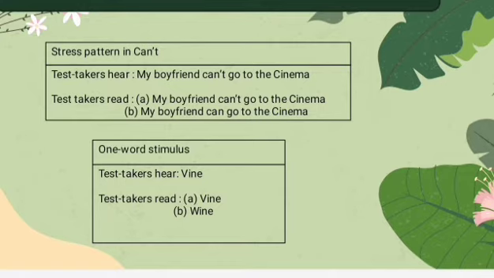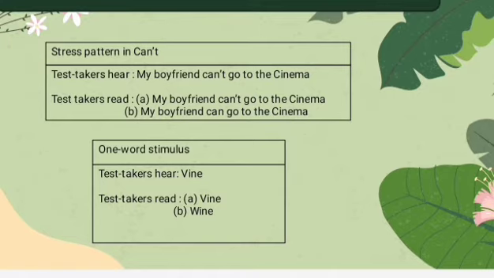In this table, the task gives the test taker a little challenge by using a word with a stress pattern, focusing on can or cannot.